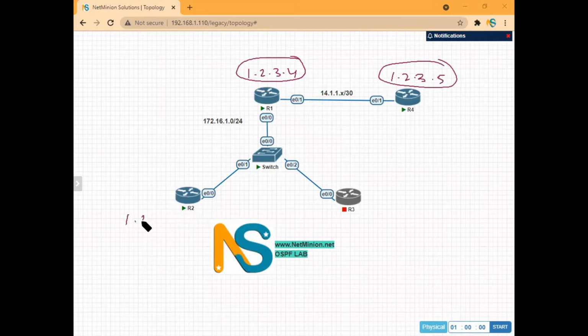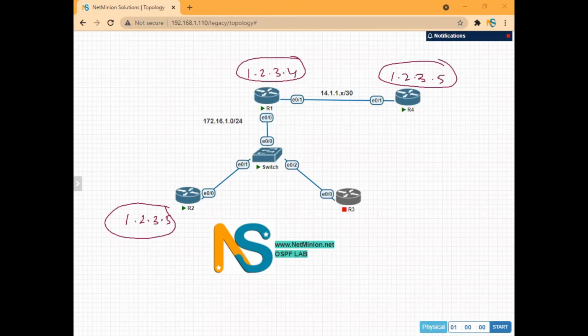Let us say I configure the RID 1.2.3.5. What will happen? What would be the behavior of our topology? What about the OSPF neighborship? What about the routes? What about everything? Tell me.